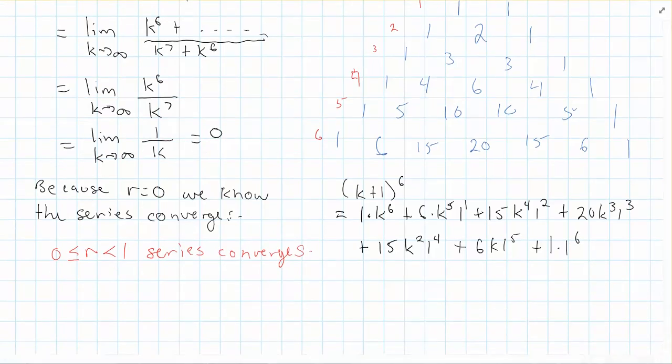And notice that when you add these exponents up, they're always equal to 6: 5 plus 1 is 6, 4 plus 2 is 6, and we start with k^6 and then just keep decreasing.